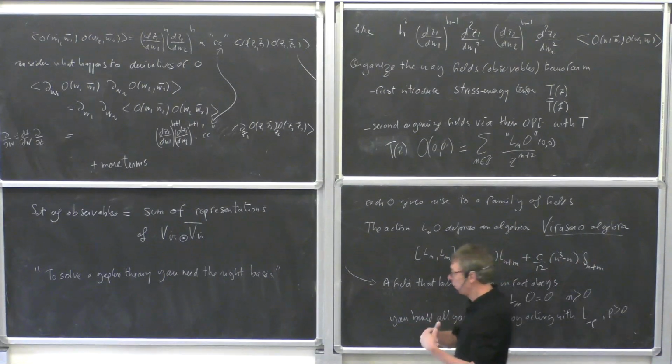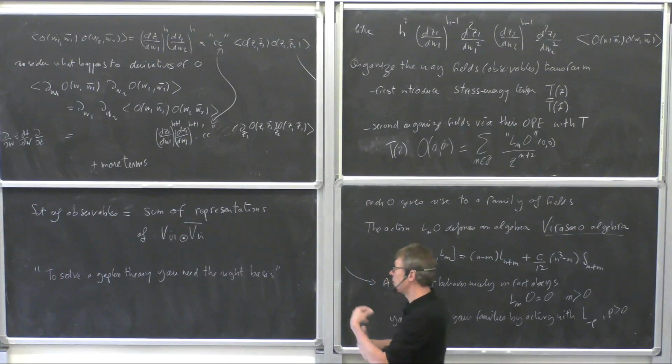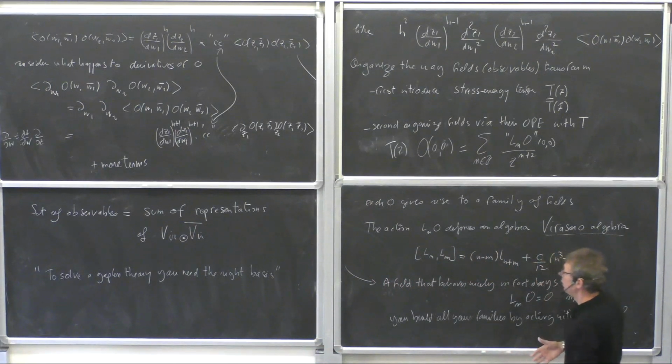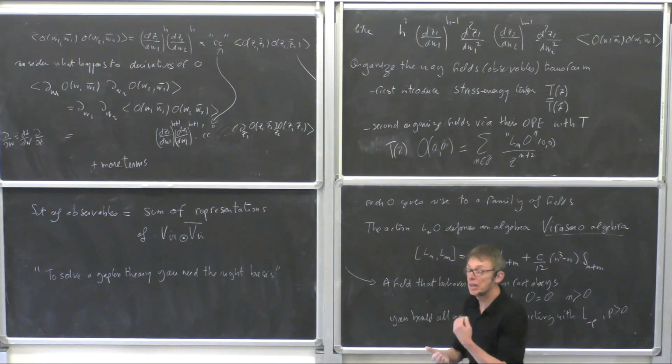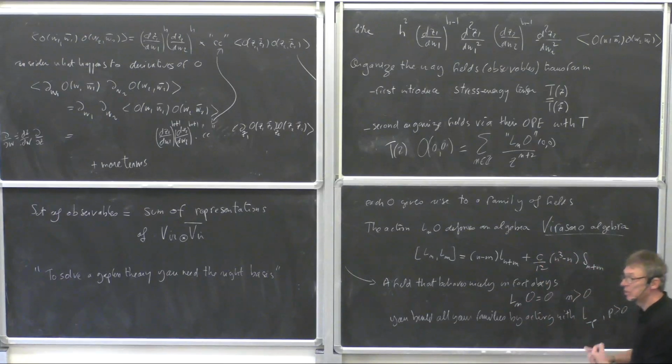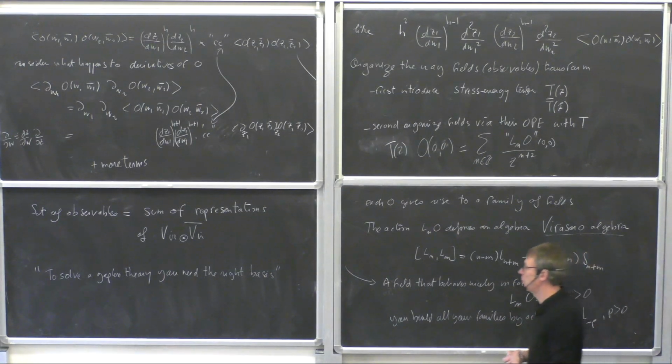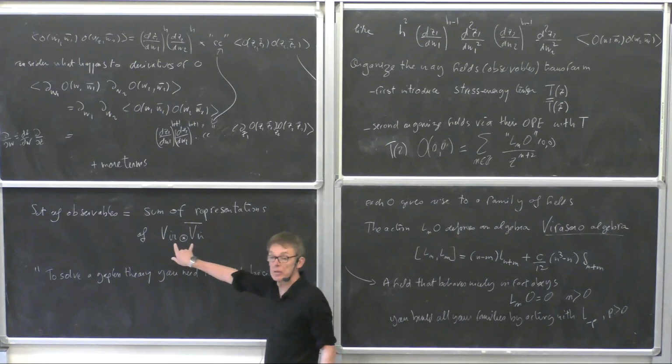But the basis of bosons is very complicated in terms of the basis of fermions. And the point of conformal field theory, really abstractly, you can forget the stress tensor, you can forget everything, consists in finding the right basis for the space of observables, and that basis is expressed in terms of representations of this algebra.